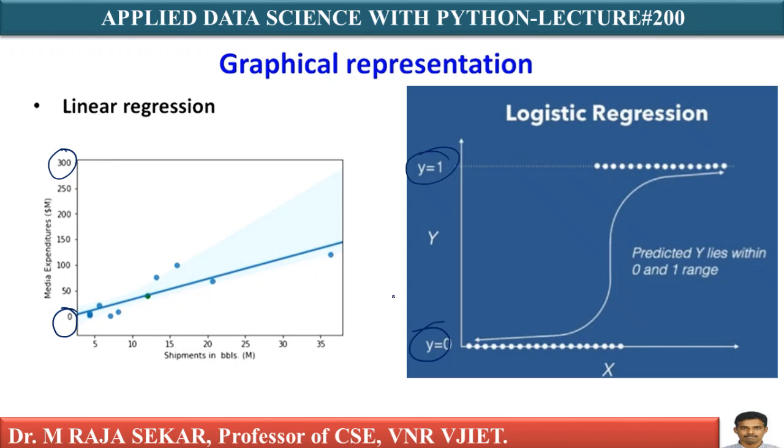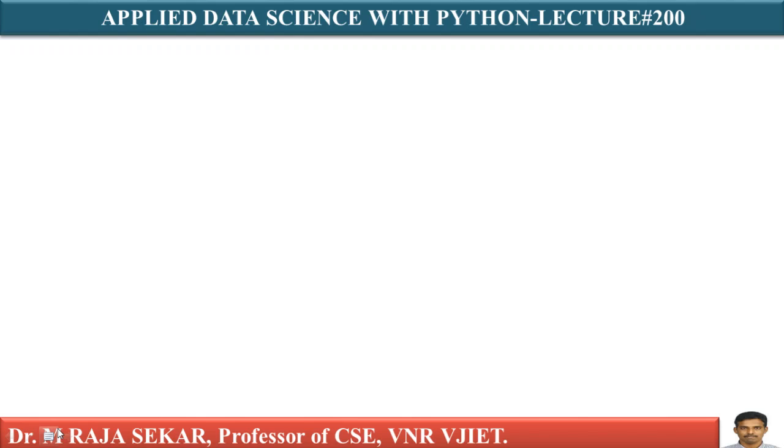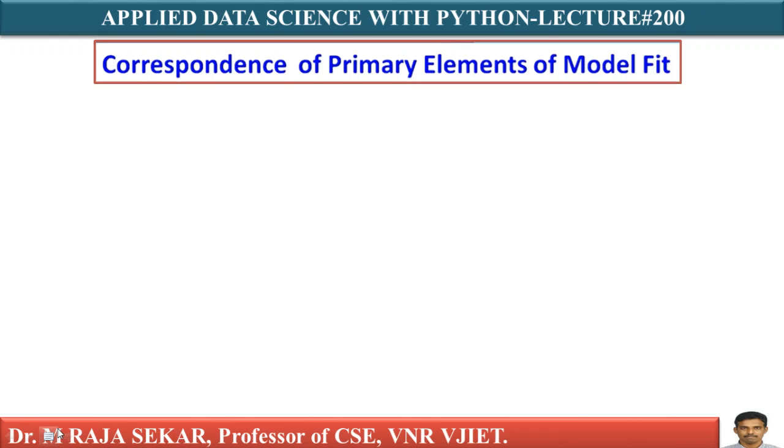In linear regression, these are actual values; here, these are probabilities. Y equals 0 is a probability, y equals 1 is a probability. This is one important difference between linear regression and logistic regression.